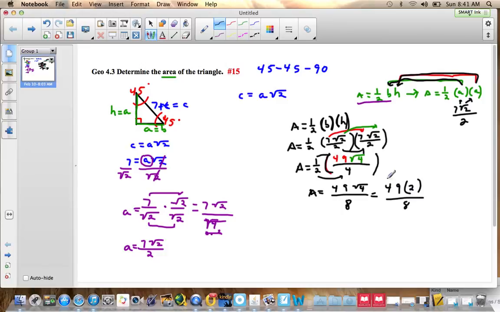So now what I have to look at is, okay, 49 times 2, which equals 98, over 8.